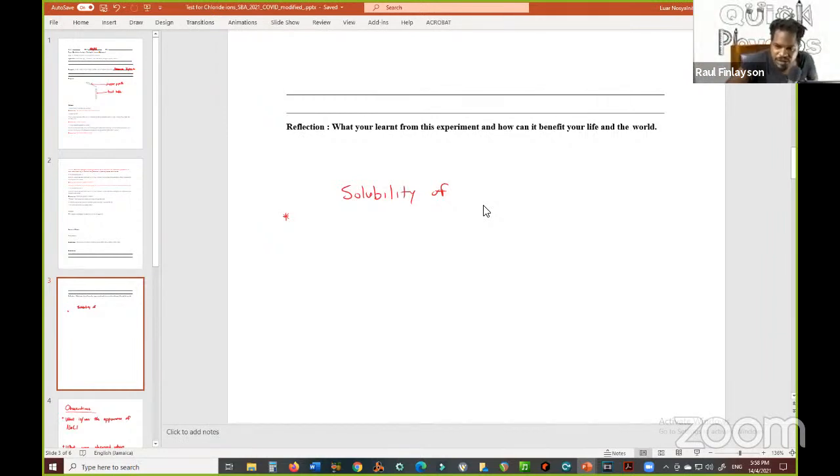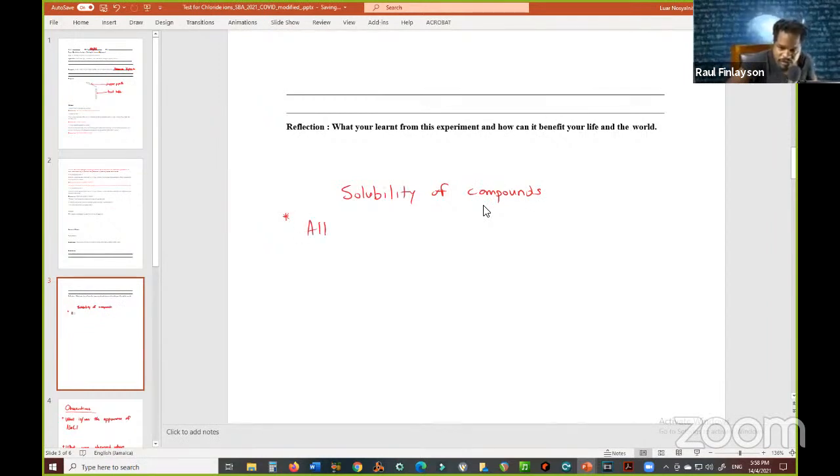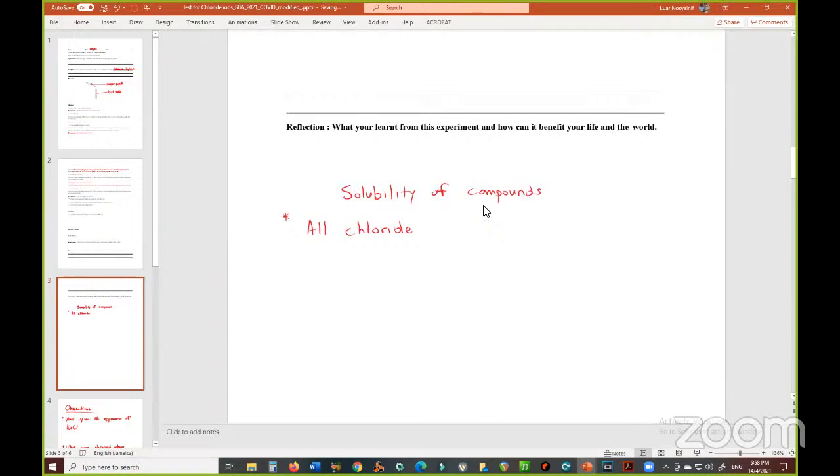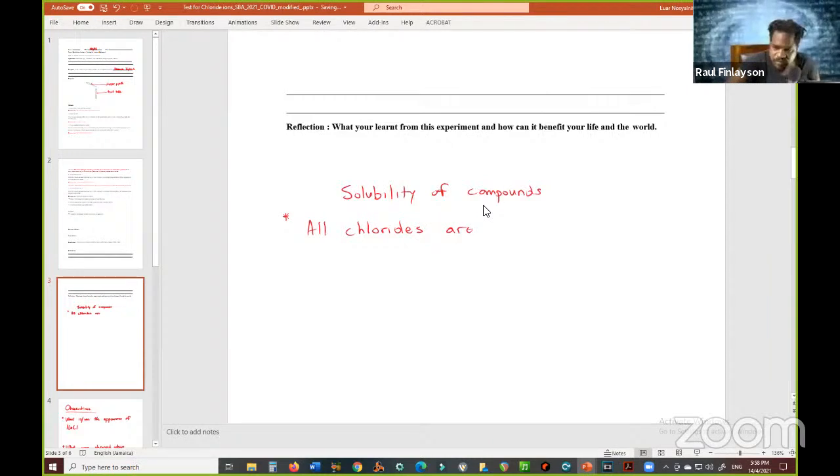All right, so solubility of compounds from this experiment, the lesson is that all chlorides, all compounds having chloride or ending with the word chloride, so all chlorides are soluble in water.